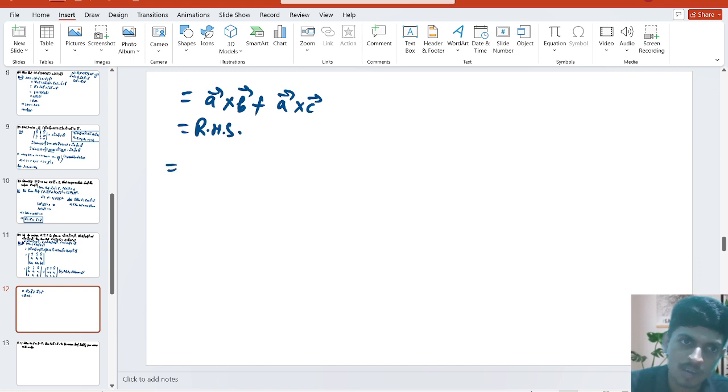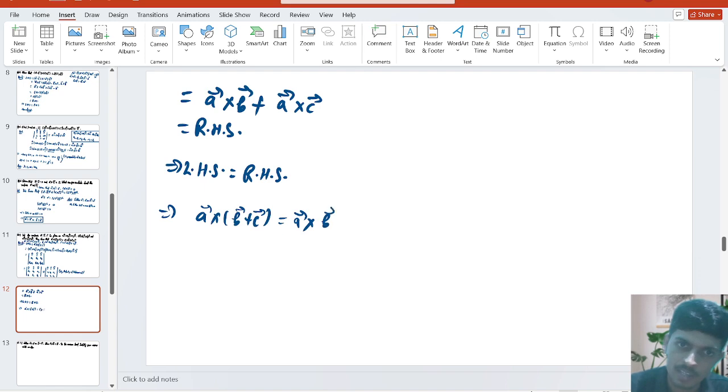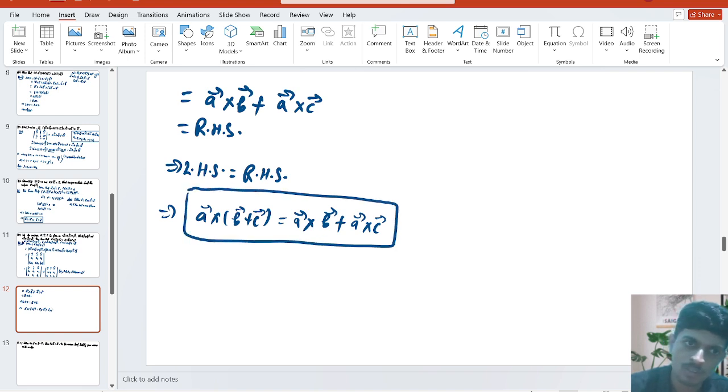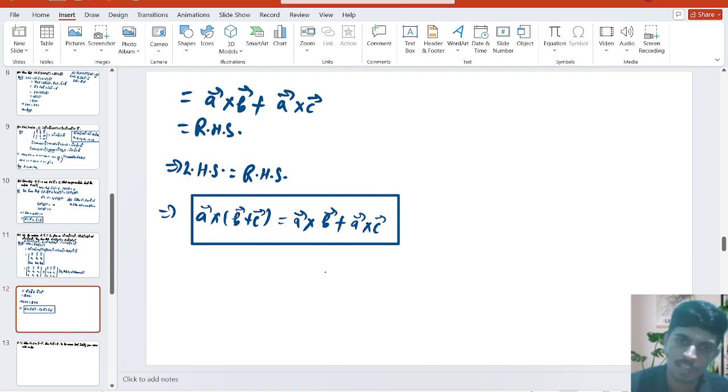This implies LHS equals RHS. I hope it is clear to you. So we write: vector A cross (vector B plus vector C) is equal to vector A cross vector B plus vector A cross vector C. This is the proof of the statement. Hence proved. I hope it is clear to you.